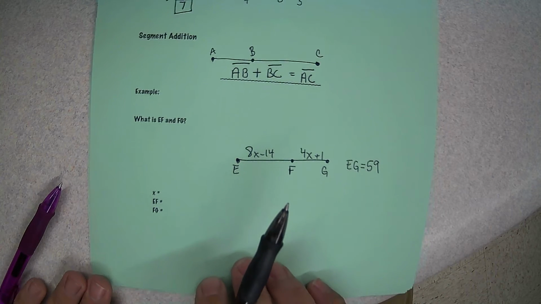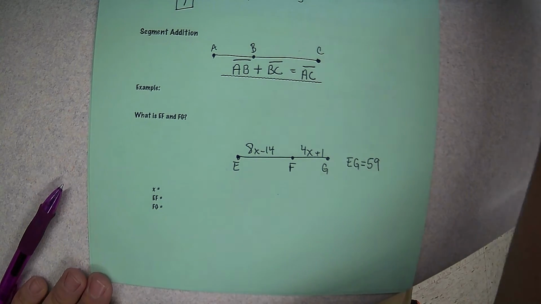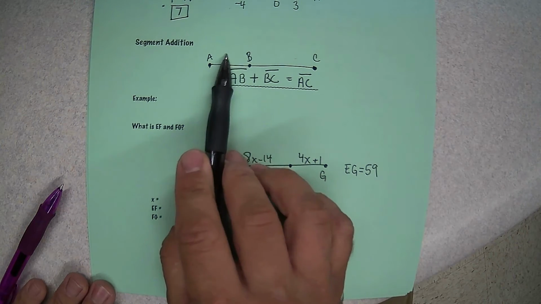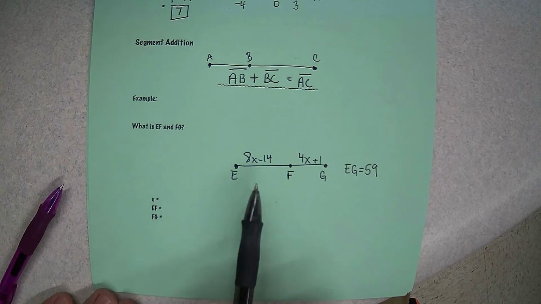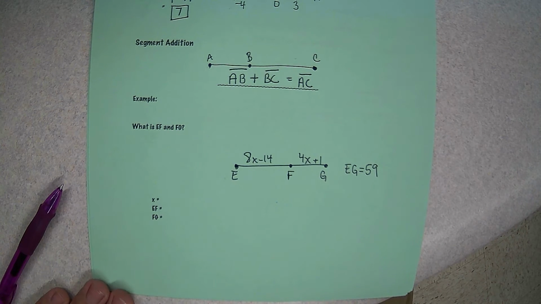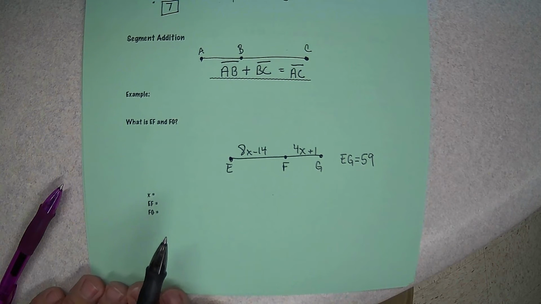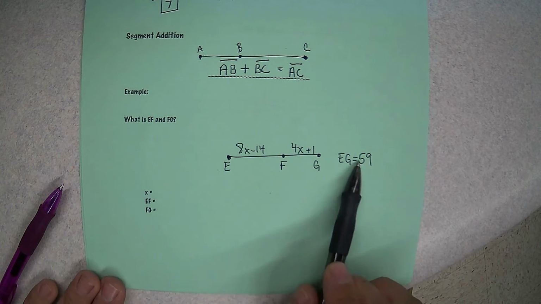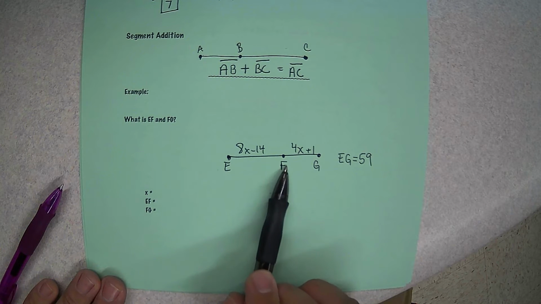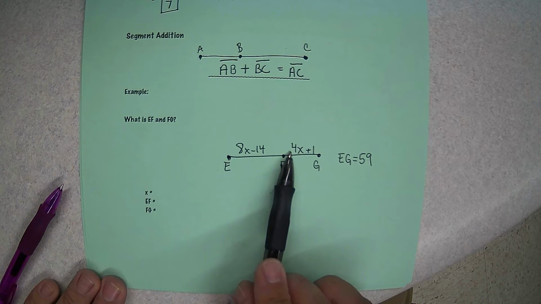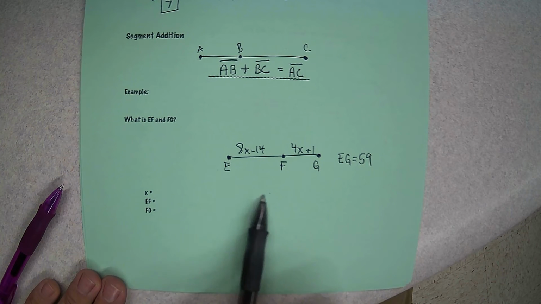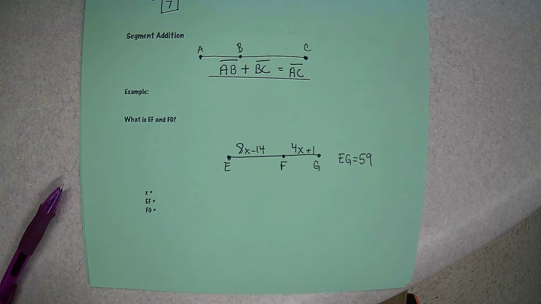So let's look at an example. Now this example goes beyond just giving a number like 3 and 7; now we have little expressions here. This is one of the things that we're going to be doing. If I have an expression for each of them, and I know the total length: EF is 8x minus 14, FG is 4x plus 1, but I know EG, the whole length, is 59.